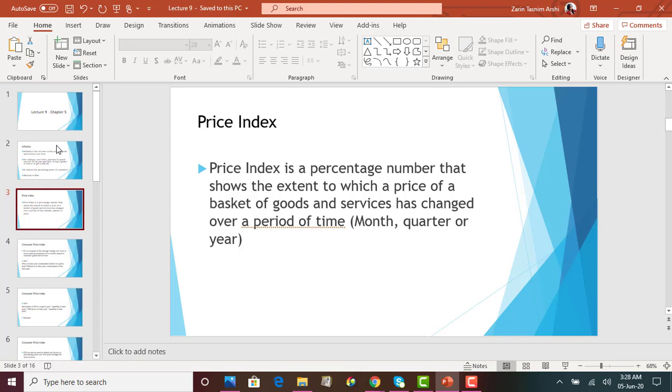Basically, price index is a percentage number that shows the extent to which the price of a basket of goods and services has changed over a period of time, whether it's a month or a quarter or a year or over the years. So it basically helps you to see by how much the price has changed over a period of time.